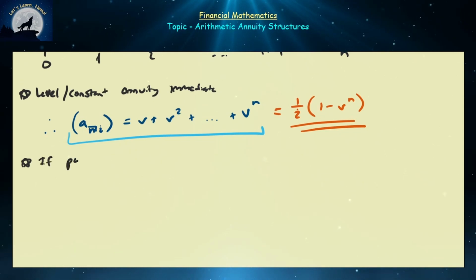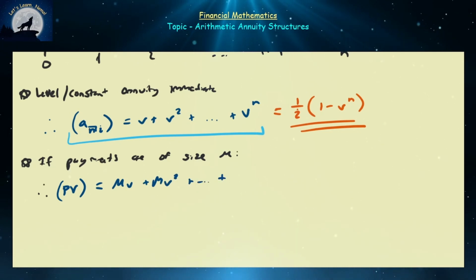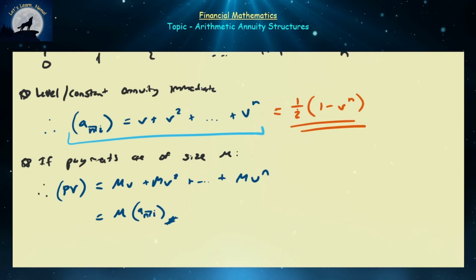So if the payments are of size, let's call it m, then our present value, or PV, let's write it in blue, of that annuity immediate with equal constant payments of size m, would just be equal to m nu plus m nu squared, all the way down to m nu to the n, which, as we already know, is just m times the present value of an annuity immediate with n payments. And this is the constant structure for that of loans.